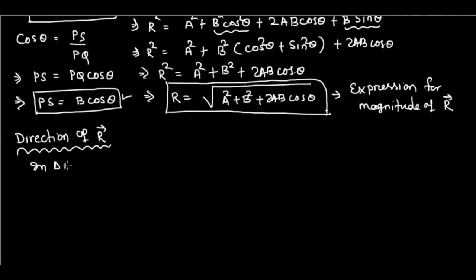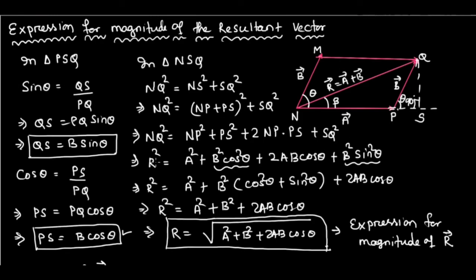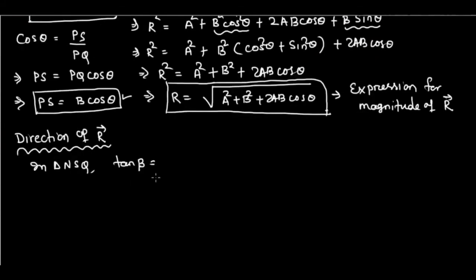What is the value of tan beta? This angle is beta, so tan beta will be perpendicular by base, means QS by NS.